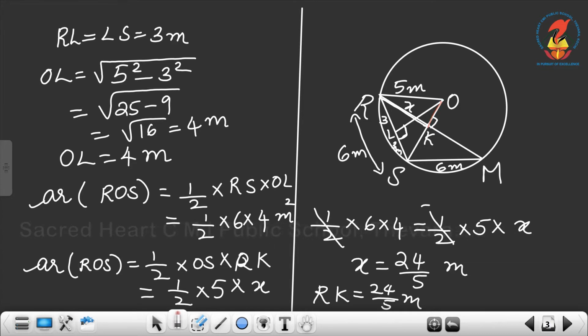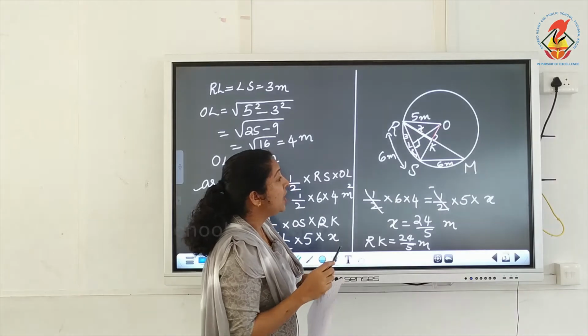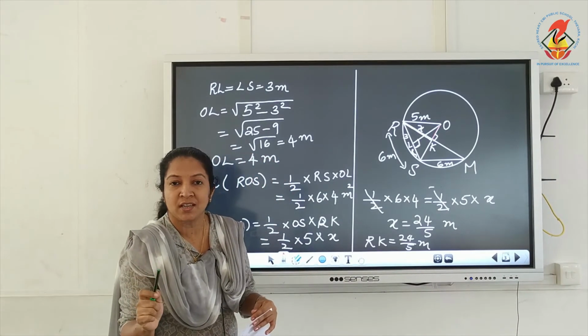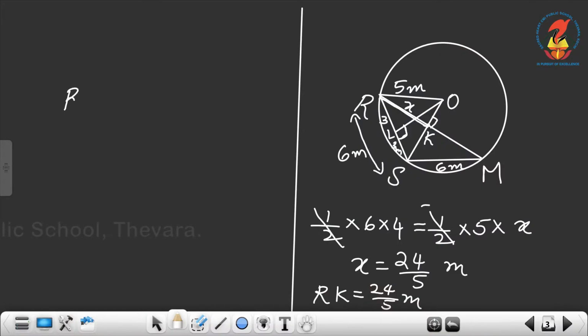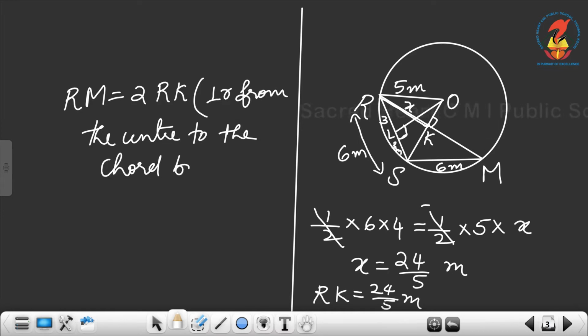OK is the perpendicular from the center to the chord RM. So RM is equal to 2 times RK, because the perpendicular from the center to the chord bisects the chord.